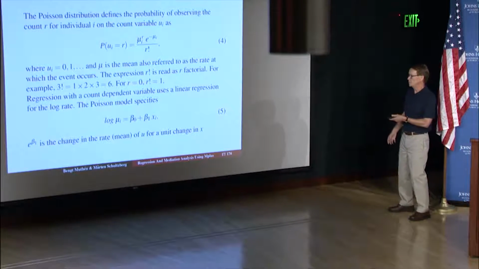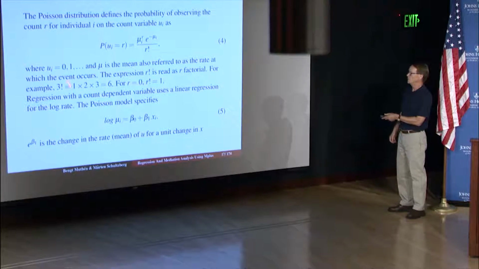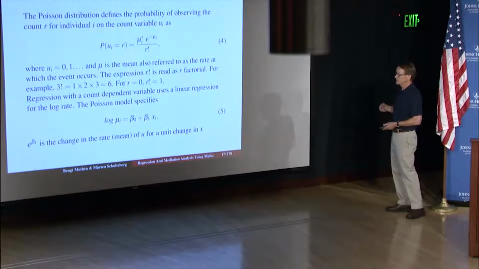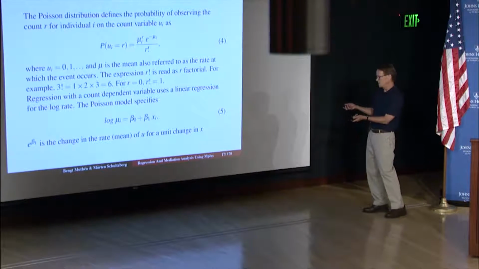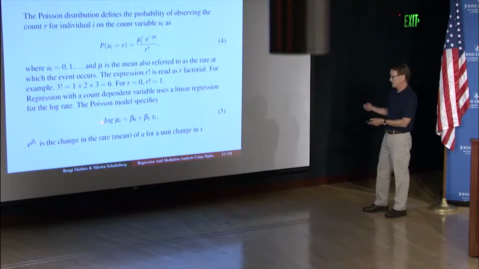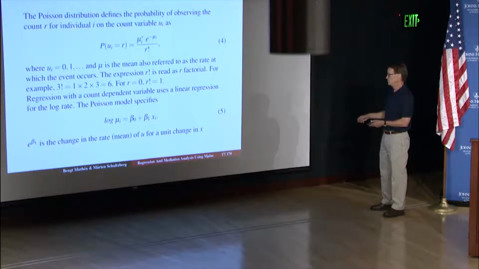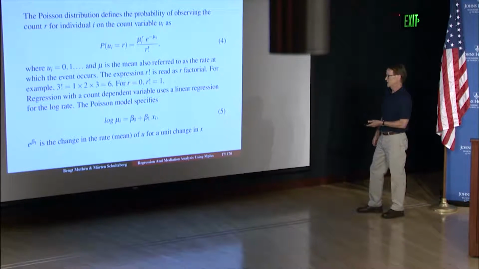So now that's the probability, but now we want to do a regression. We want to relate this probability to x. So we use a linear regression, but it's linear only for the log of the rate. So log of mu is now linear, just like logit was linear. So statisticians focus on a parameter or a function of a parameter that makes the right-hand side linear. That is, it's not x to the power of 2, well, it could be, or it's not e to the power of x, rather, or something like that.